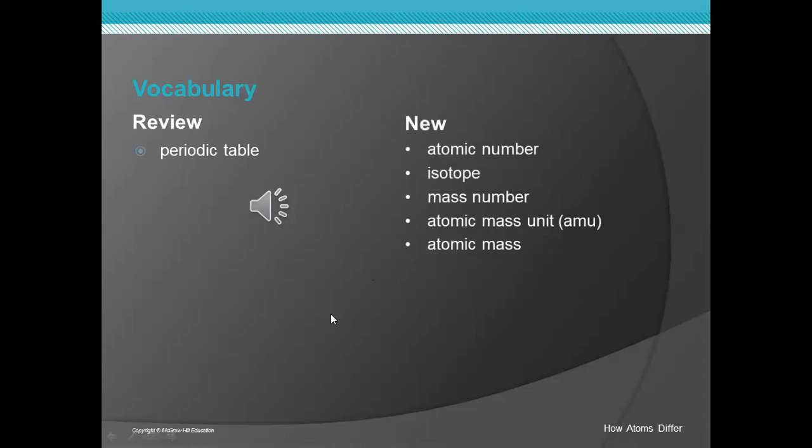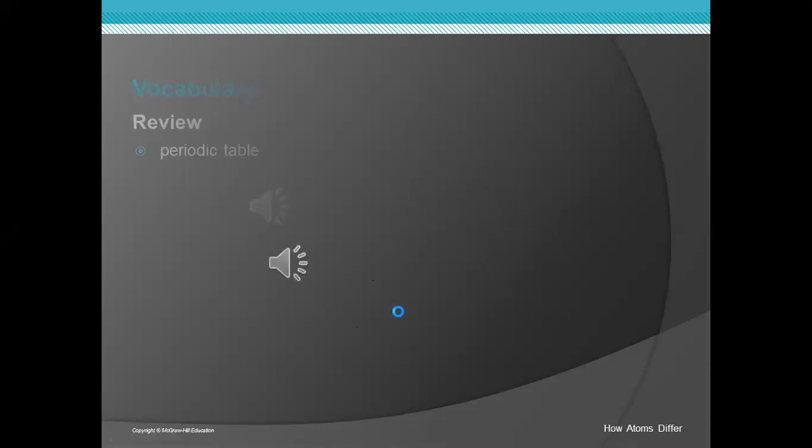But the vocab that we are going to explain again will be number 1, atomic number, number 2, isotope, number 3, mass number, atomic mass unit, which has the symbol AMU, and atomic mass. First, the questions that we studied, and we are going to revise for a second time.